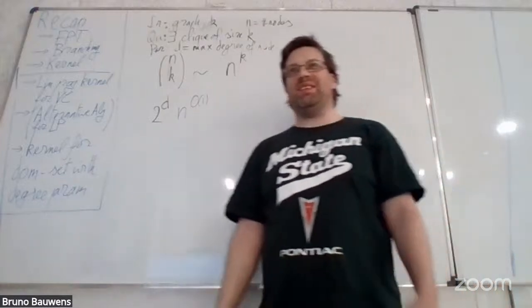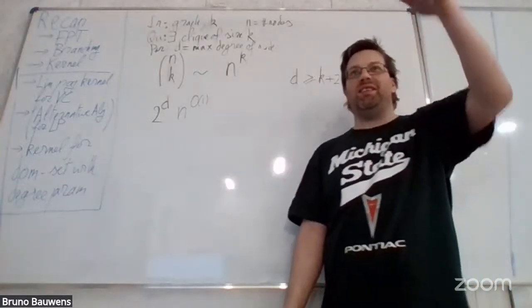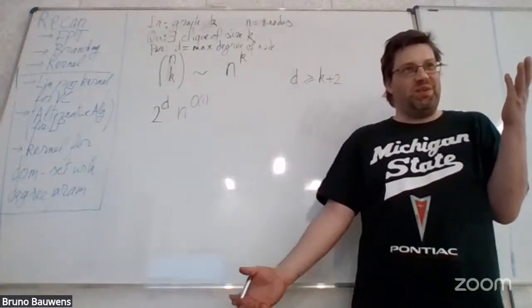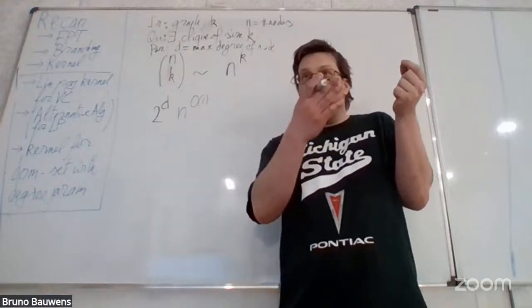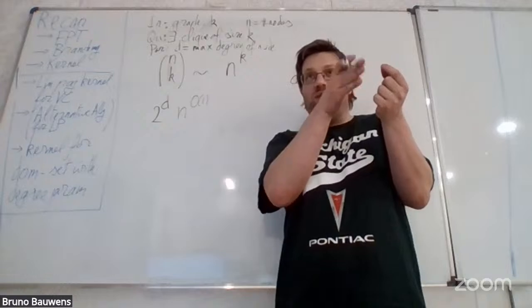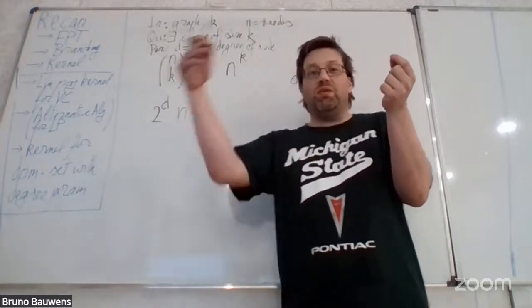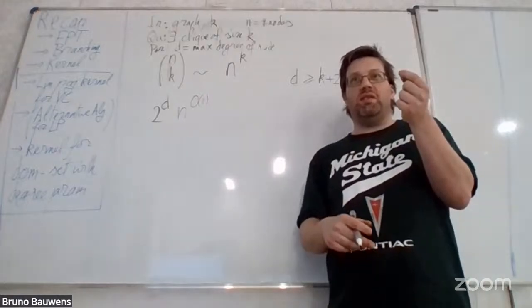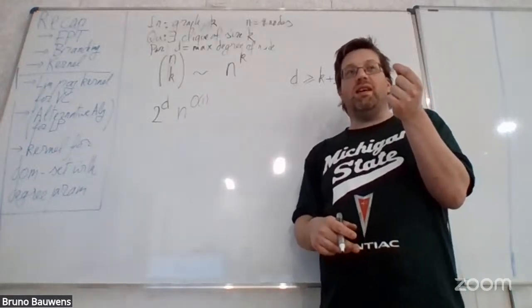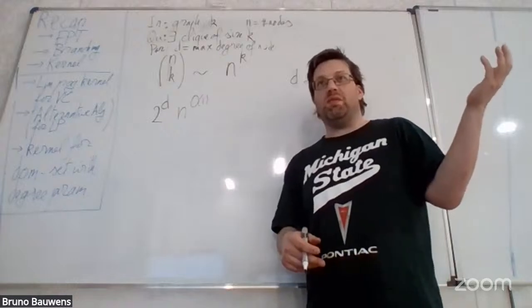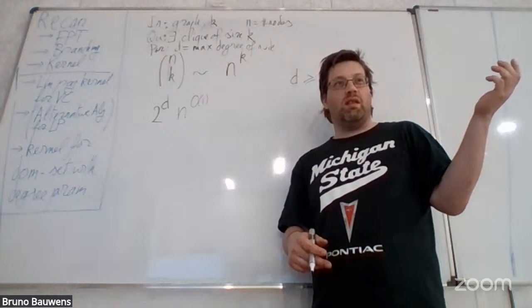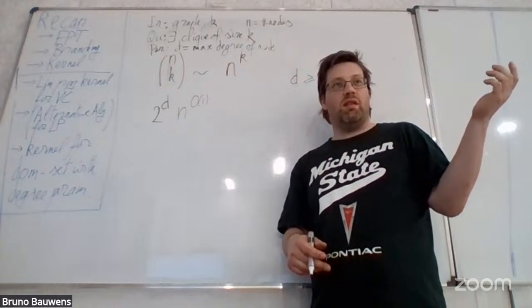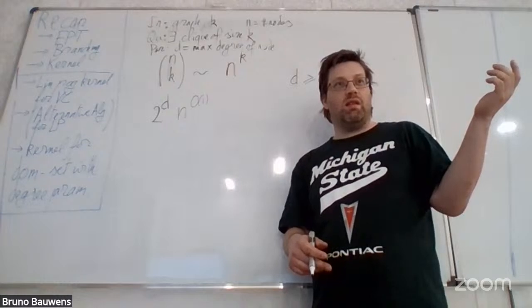Okay, so we know that if a node belongs to a clique, then every node in this clique must be in the neighborhood of this node. Every node of the clique must be a neighbor of this node. So what's the algorithm? We search for nodes that have at least k minus 1 neighbors.